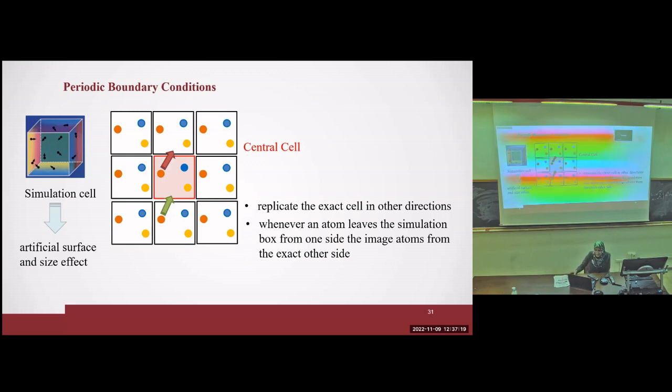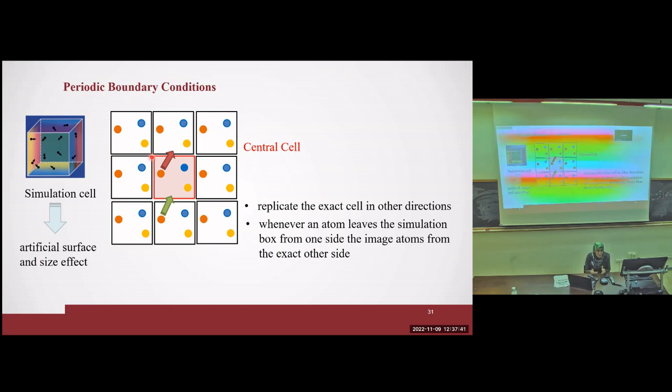We cannot simulate a large scale of atoms due to the computational expenses. So we can simulate a limited number. Is my voice clear? Okay, so we can simulate a limited number of atoms.